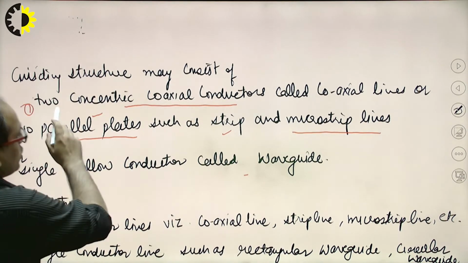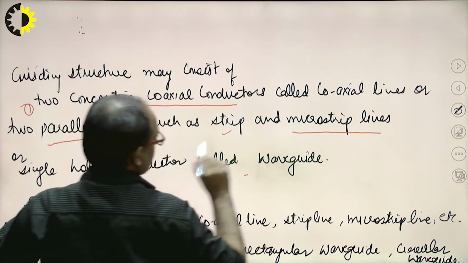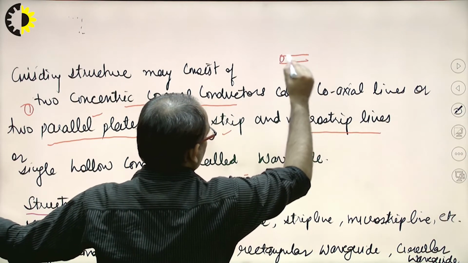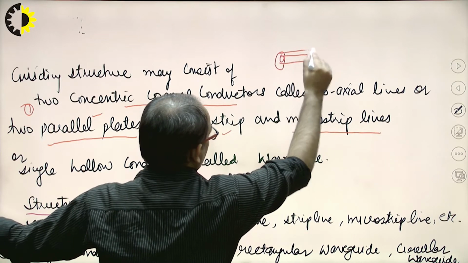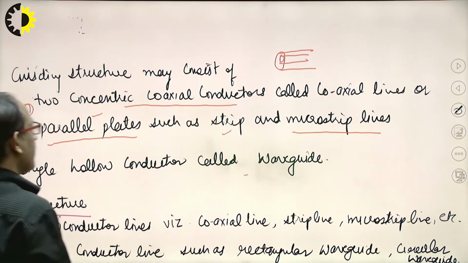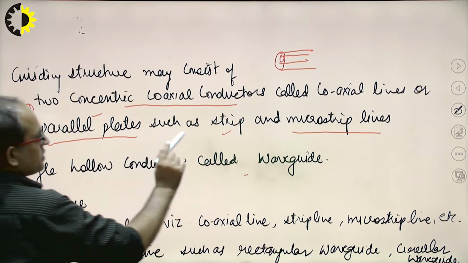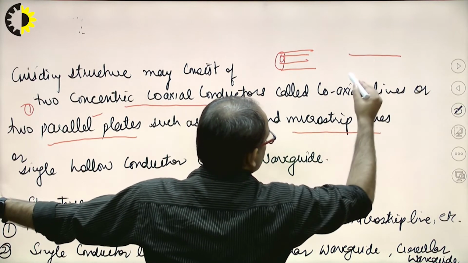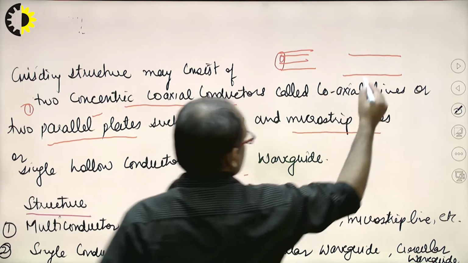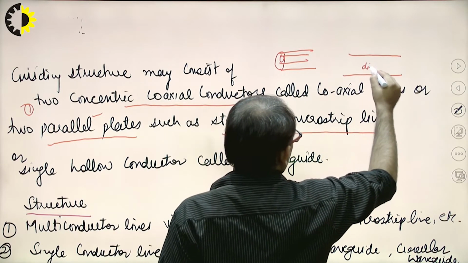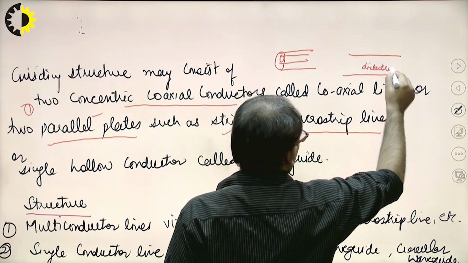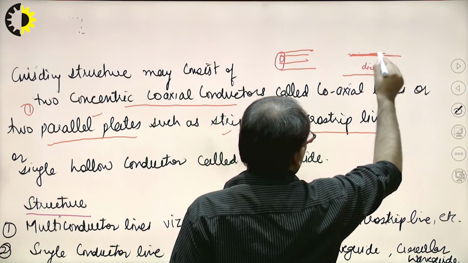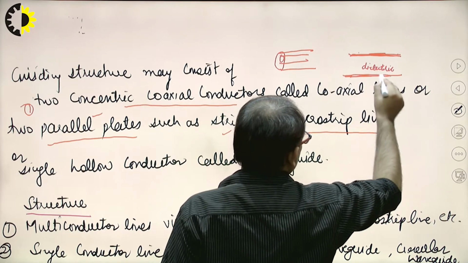First one is two concentric coaxial conductors called a coaxial line, like this one. Clear? Two parallel plates such as stripline or microstrip line, meaning this one acts as a dielectric, and above there is a copper layer, and below there is also a copper layer.